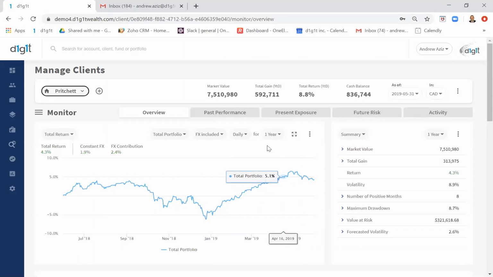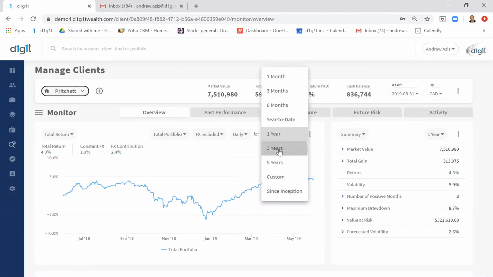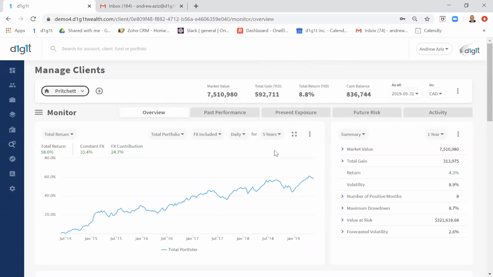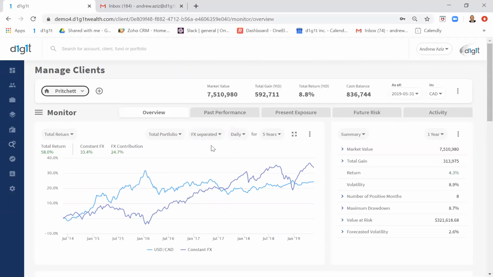And we see the returns over 3 years as being quite robust, and the returns over 5 years being very strong. And if we separate out the currency component, we see that the international diversification has also helped Jay smooth his returns a bit.